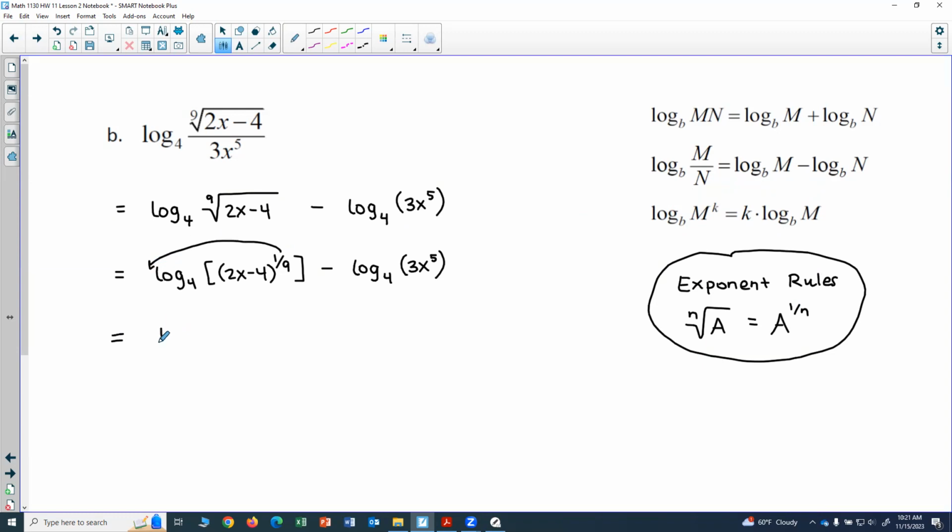So this will become 1/9 log base 4 of 2x minus 4 minus log base 4 of 3x to the 5th. So now I'm getting closer, but I'm not done yet because I have this product, 3x to the 5th. So I'm going to use the first log property to split that apart.